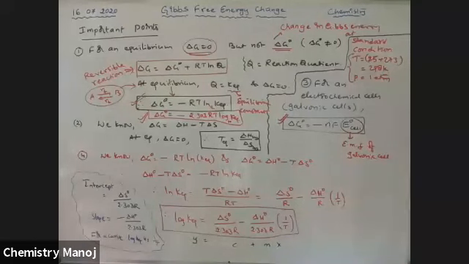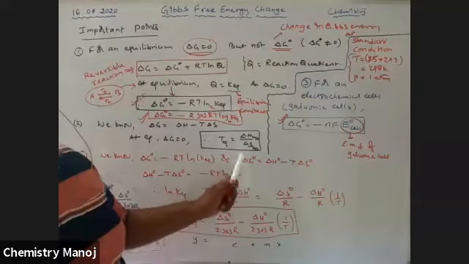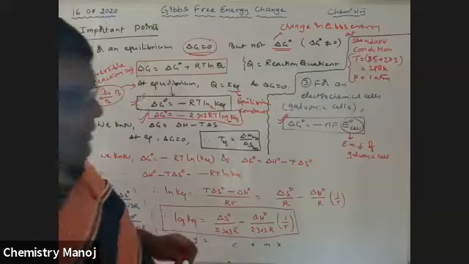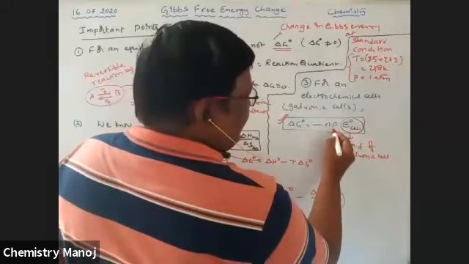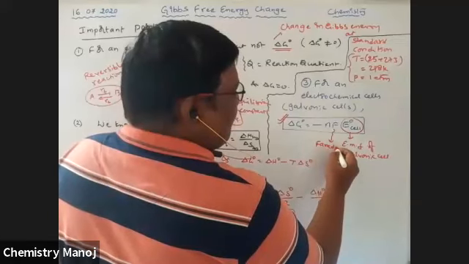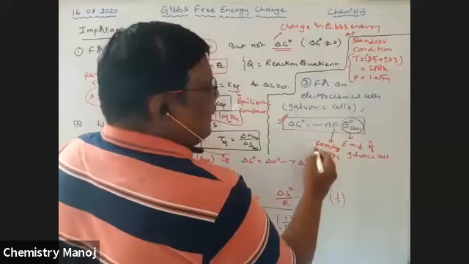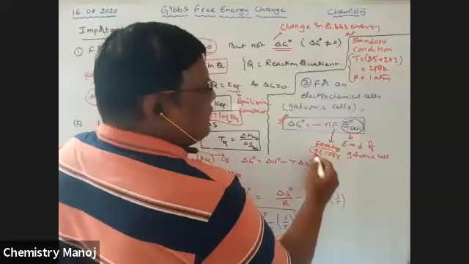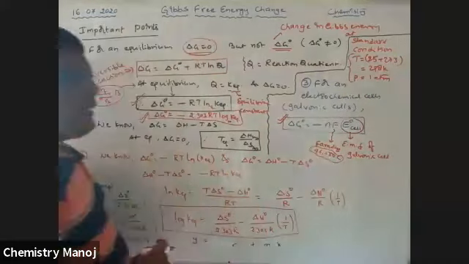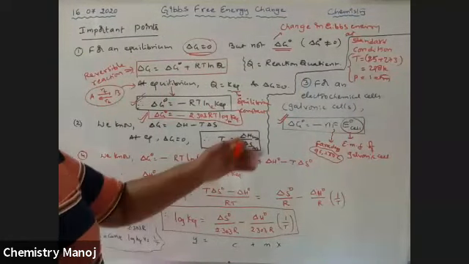Next point, see here. I think today there is a problem on this one. F represents Faraday. Faraday means 96,500 coulombs. At the time of the mole concept, I explained that concept.